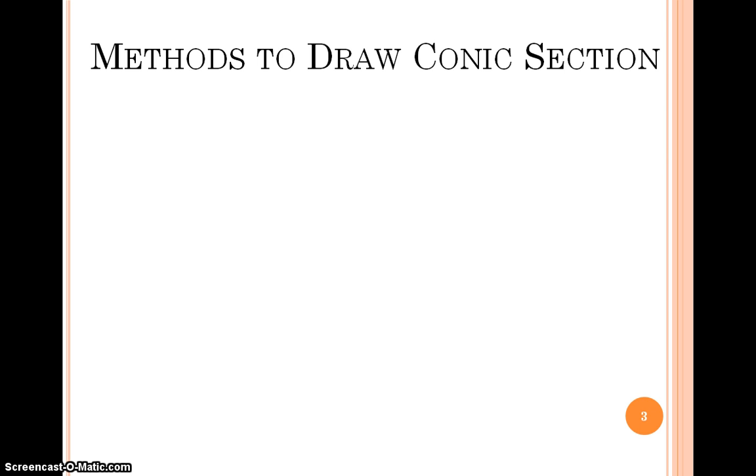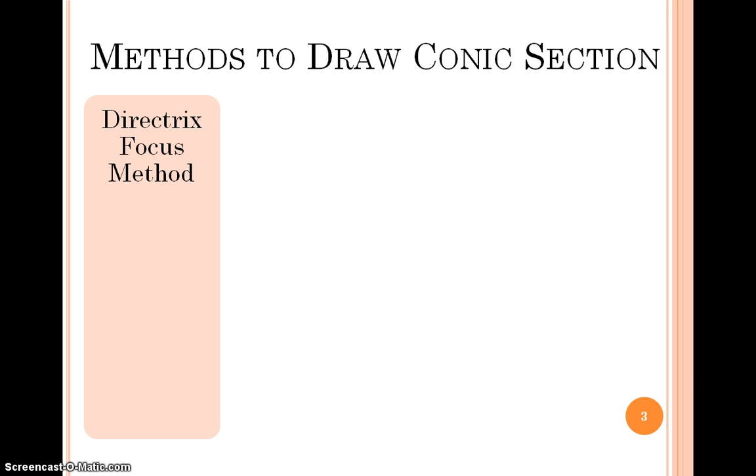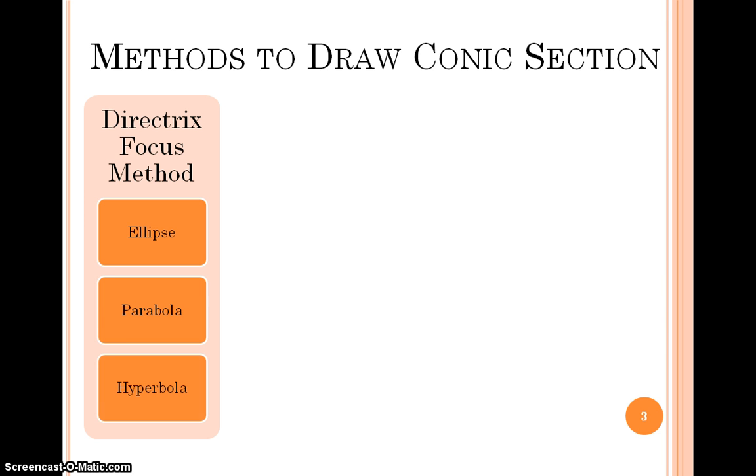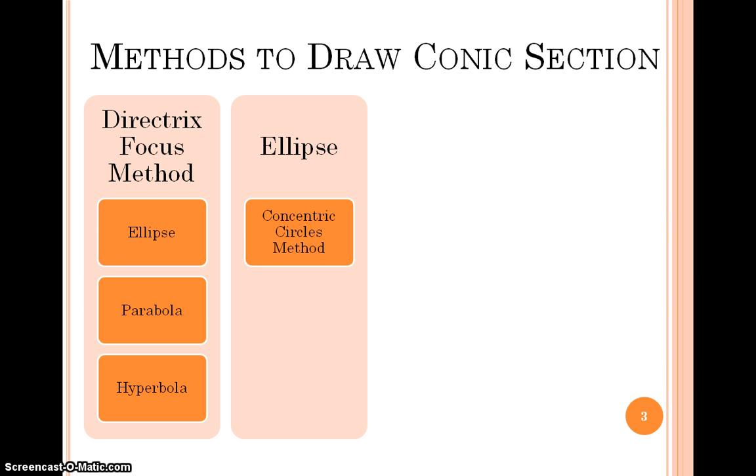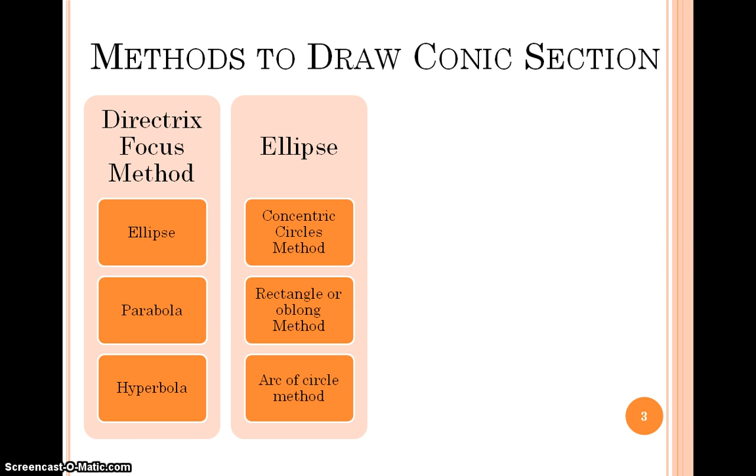So there are some methods to draw the conic section. Let us see. First method is directrix focus method. By this method, we can draw ellipse, we can draw parabola, we can draw hyperbola. Also, ellipse can be drawn by concentric circle method, by rectangle or oblong method, by arc of circle method.